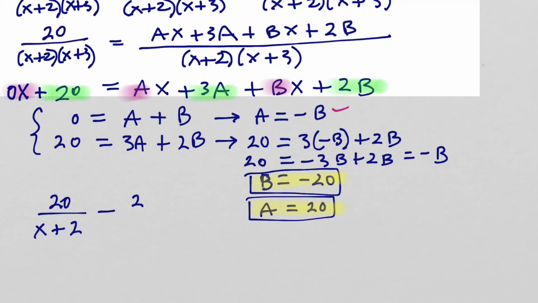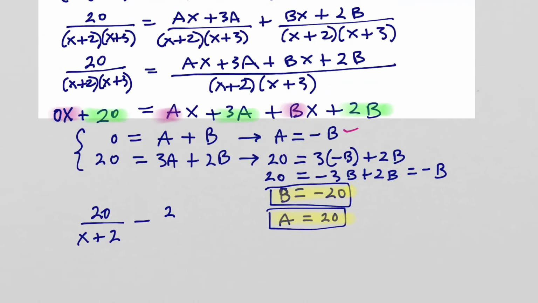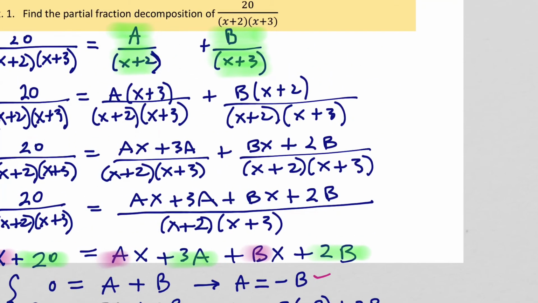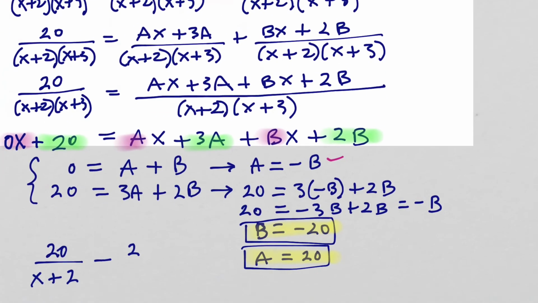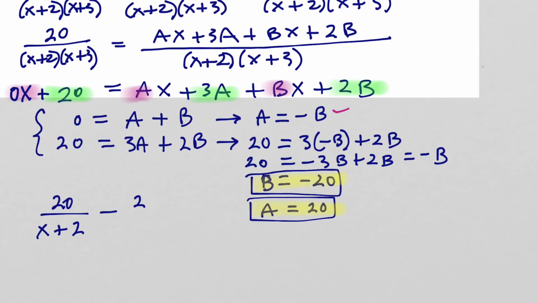What I'm checking for is that I don't accidentally put the x plus 3 first, because you've got to match up your A's and your B's to where you started out. If I said A belongs with x plus 2, then I wouldn't want to put the B over the x plus 2. The A goes with the x plus 2, the B goes with the x plus 3. So you've got to check that before you write out your final answer.